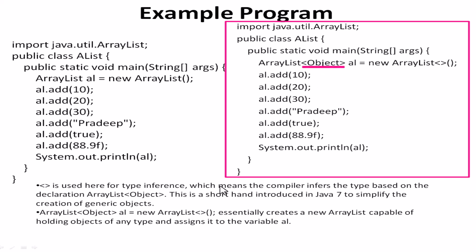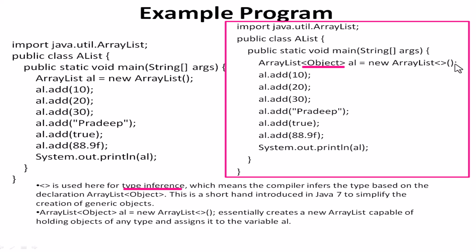What are the greater-than and less-than symbols? They are used for type inference, which means the compiler infers the type based on the declaration of the ArrayList object. This shorthand was introduced in Java 7 to simplify the creation of generic objects.